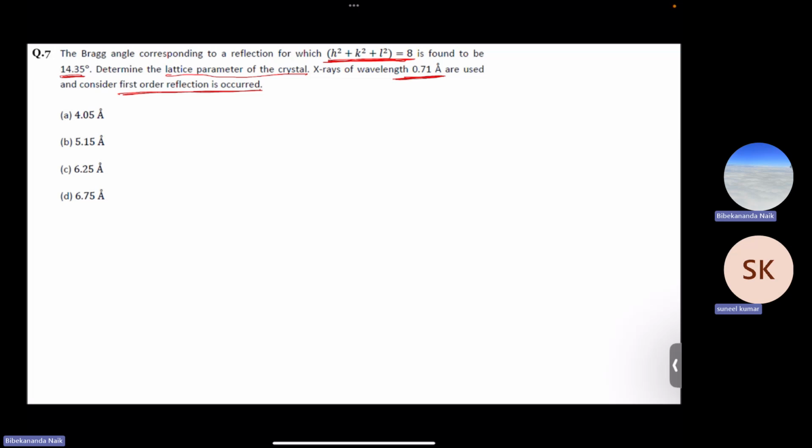It is 4.05 angstrom, the first option. A is correct, sir. Yes, the correct option will be option A, that is 4.05 angstrom.